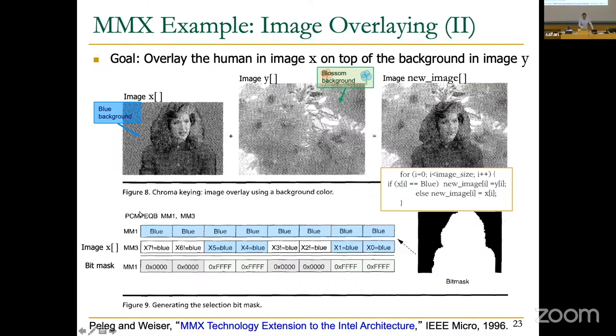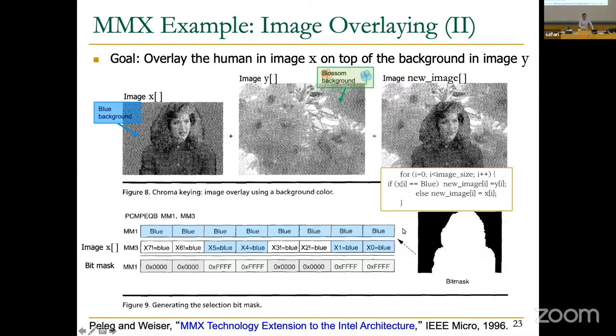And you can see this nice instruction that we saw earlier, packed compare equal byte. Basically, you load 8 pixels of this image in MM1. That's the register name. Assume that all of them are blue over here. Nice. And then, basically, this is MM1.